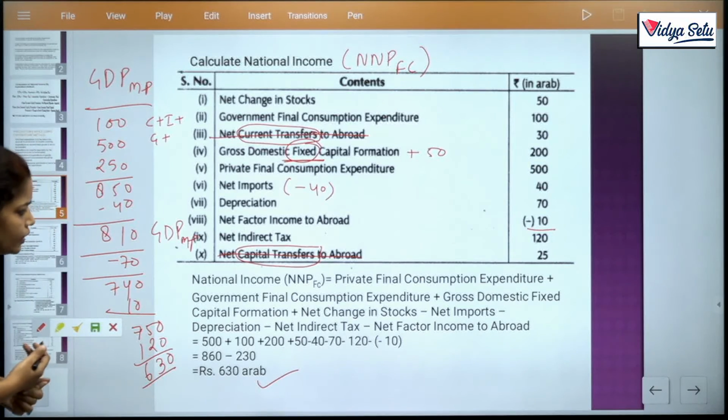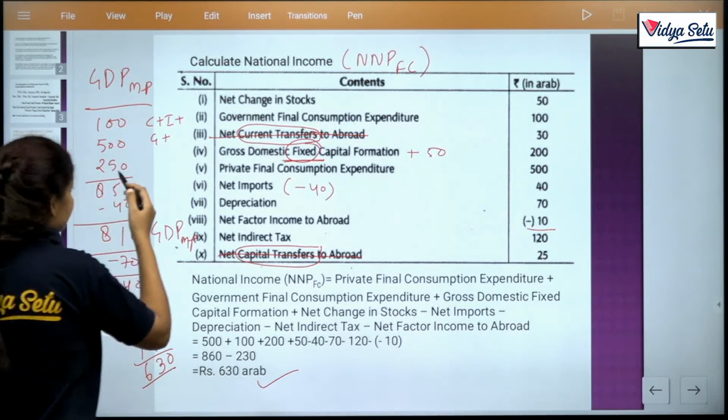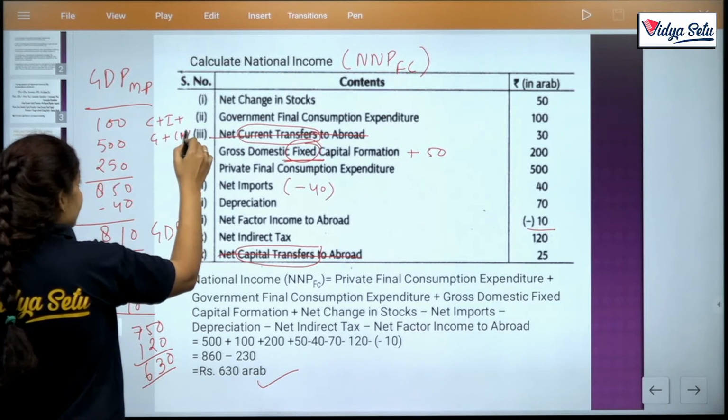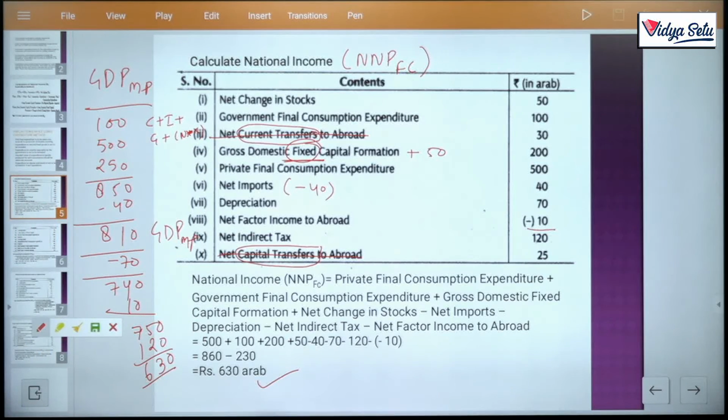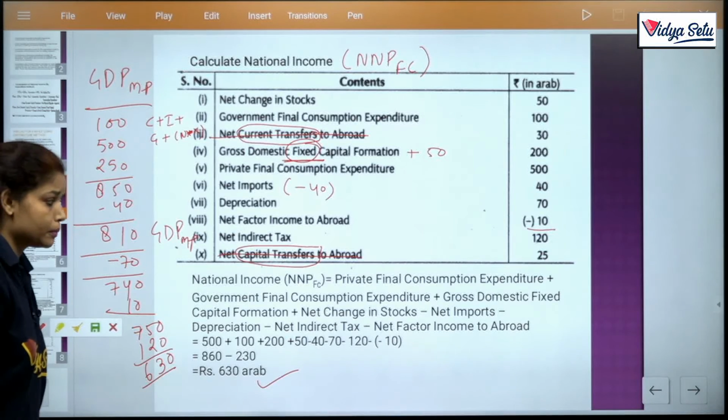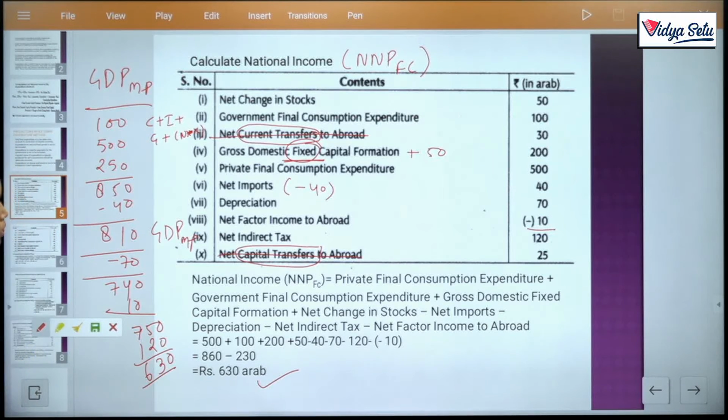So we just add 50 also, that is change in stock. Clear? Okay. So C plus I plus G plus N minus X. Net imports, so minus 40. Okay. The answer is 630. Hope you understand. Clear?